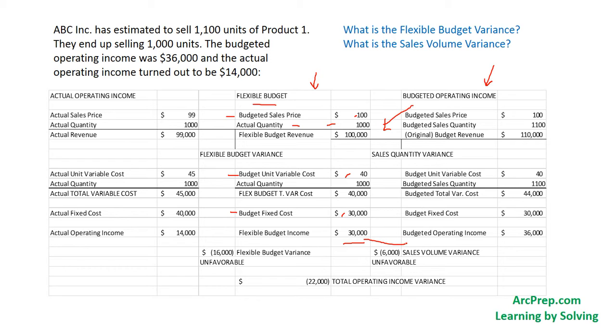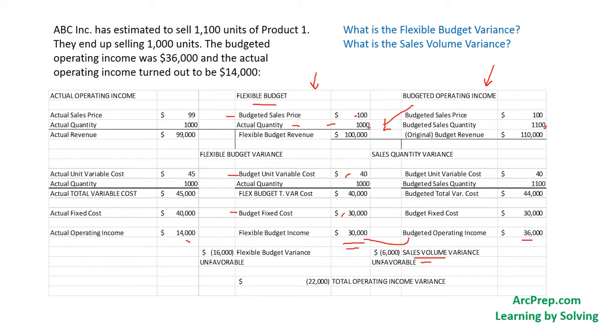Now the difference between these two is just because of actual quantity versus planned quantity, and hence the difference is the sales volume difference. I know that I was planning to generate $36,000. Under the flexible budget I generated $30,000, so it's $6,000 less just because of volume.